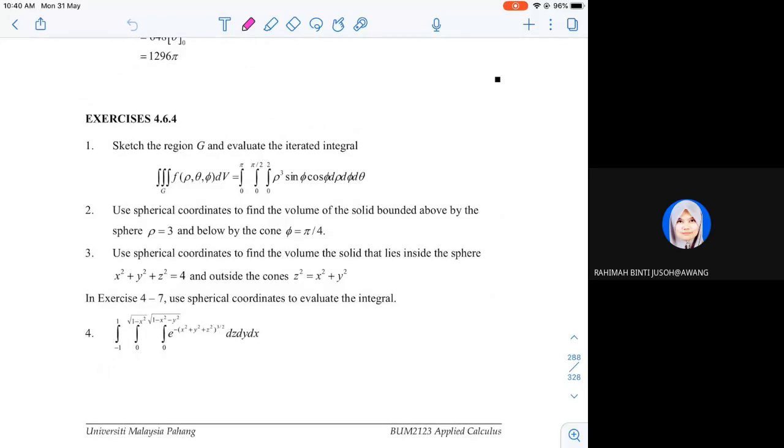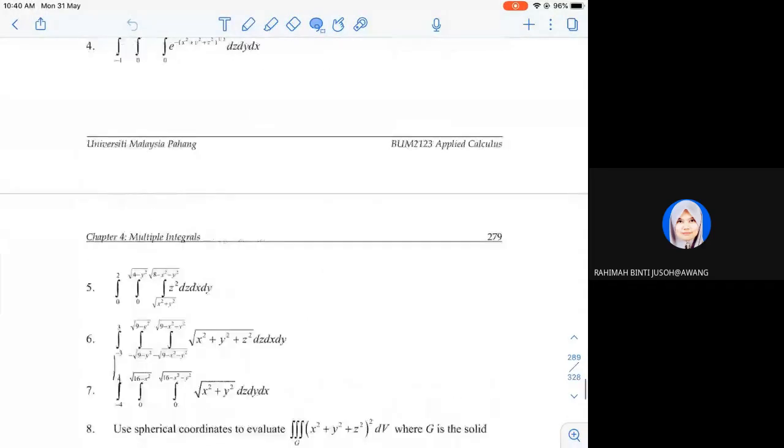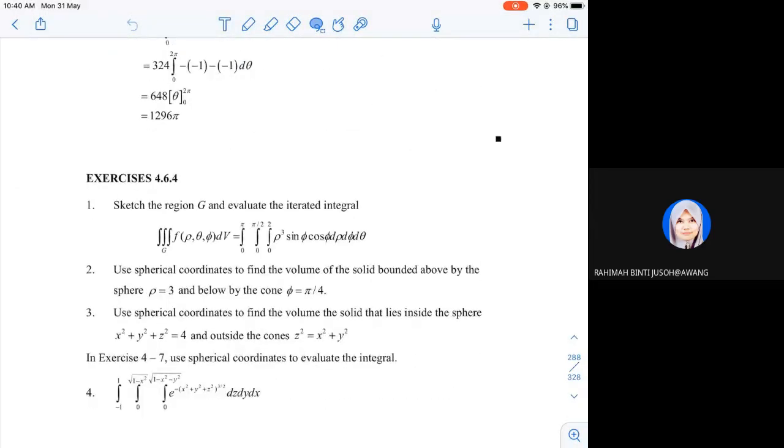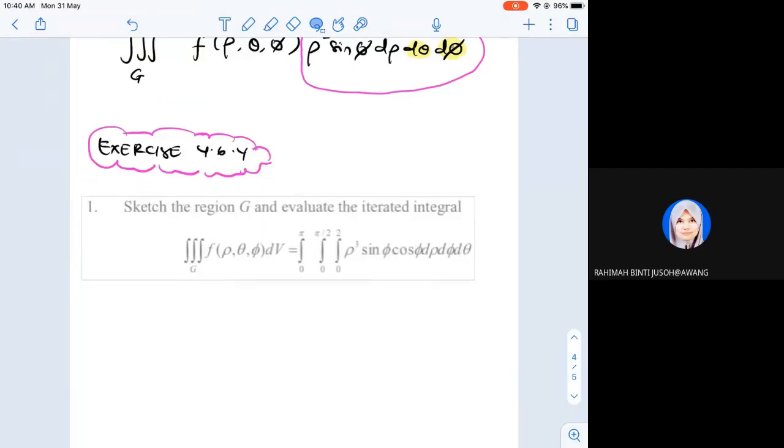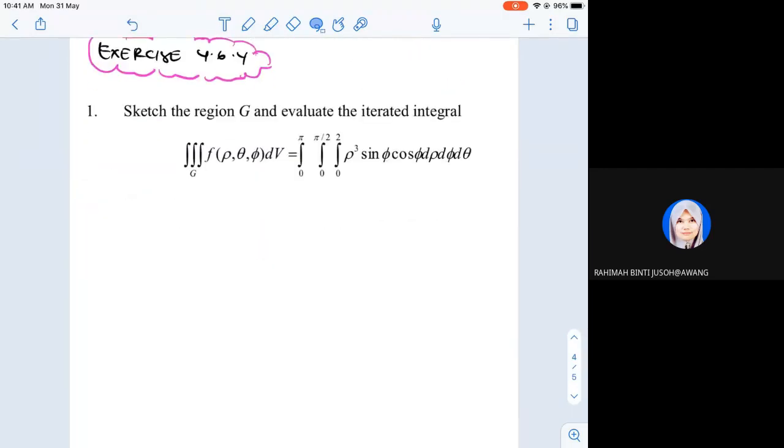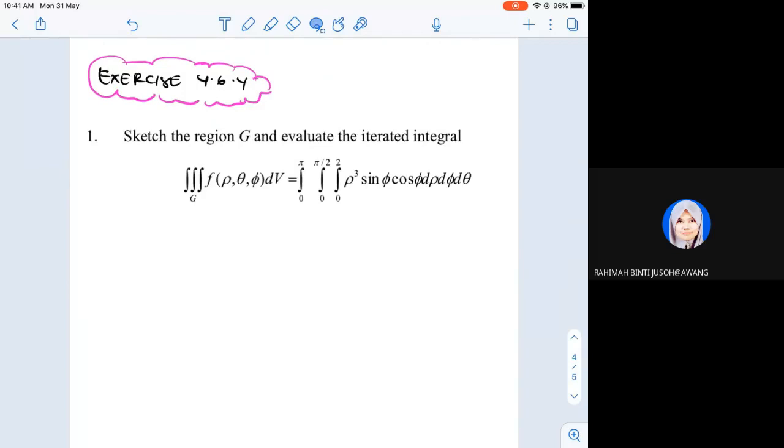Okay, question number 1: sketch the region G and evaluate the iterated integral. As usual guys, if the question did not ask you to sketch the region, no need for you to sketch. But in this question, you have to sketch the region lah, since the question asks you. So now how do we sketch the region?